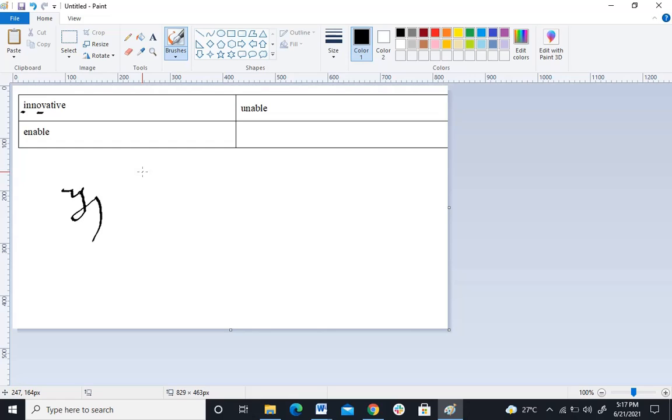Dapat kapag yung susunod na sound dun sa in, an, n is a vowel, okay, yung a, e, i, o, u, kailangan mong isulat yung E dun sa unahan. So, yung ating innovative, instead na magiging ganito lang yung stroke, kasi nga, di ba, meron tayong n words, magiging, no, I'm sorry, no, va, tive.